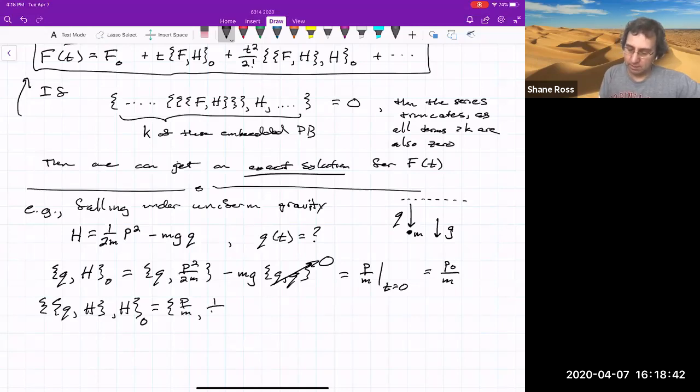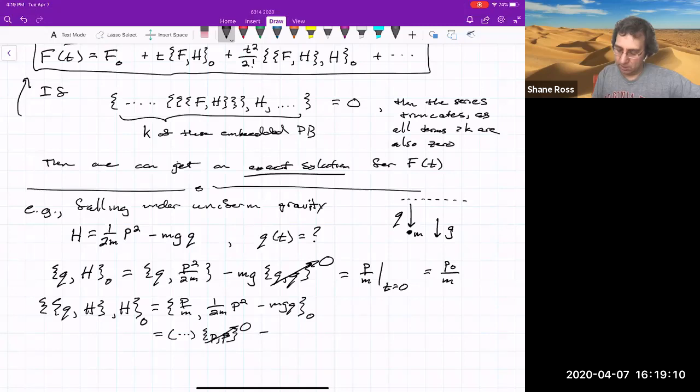So we're looking at that times 1 over 2m p squared minus mgq. I can already tell you ahead of time, the Poisson bracket with this p squared part is going to be 0. So let's just skip that. It'll be some stuff times p with p. So that's 0. So let's save ourselves some trouble.